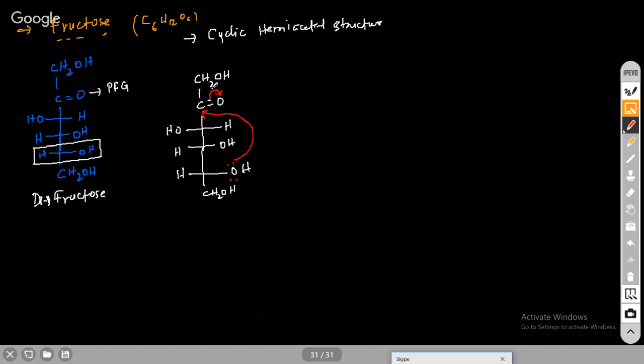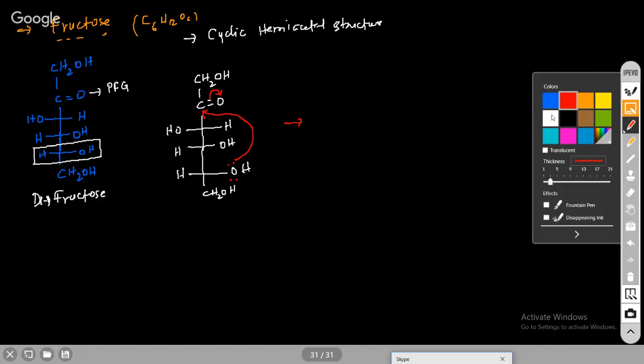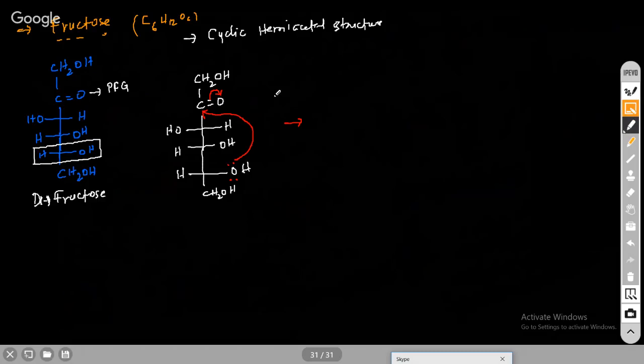So this will attack over here. Pi bond goes here. Okay, and again we'll get the structure here like this. This is exactly the same that we have discussed in case of glucose. I'm writing this down quickly, so you just copy it down. OH can be this side, CH2OH can be on the left hand side, and then everything will be same.